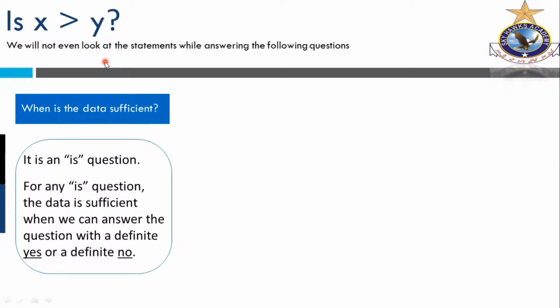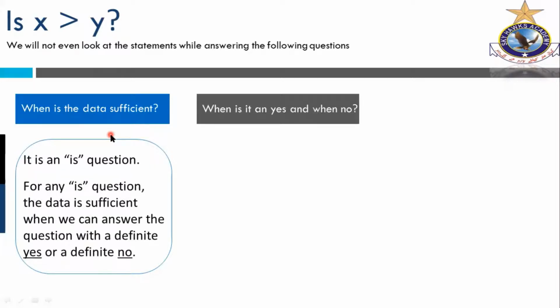You can think of two numbers where the answer is yes, and also any two numbers where the answer is no. Are you getting this? So the first question, is x greater than y, has two possibilities, yes or no. This is the type of question. I'm sure you are with me. It's very interesting.